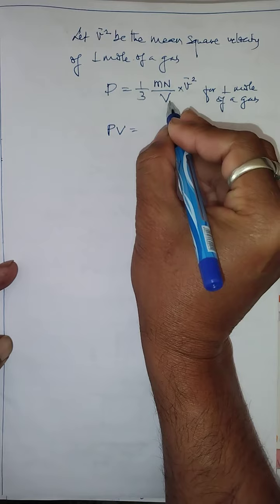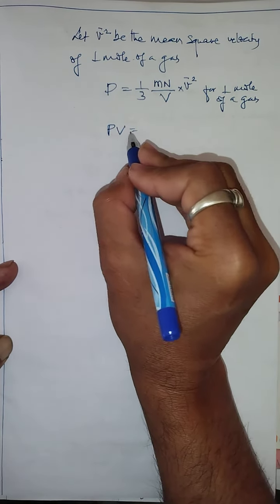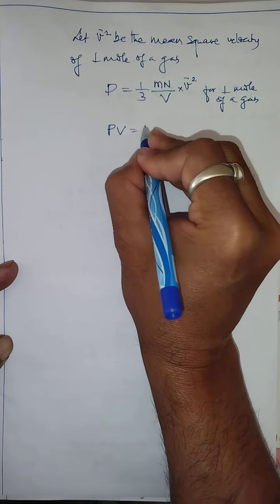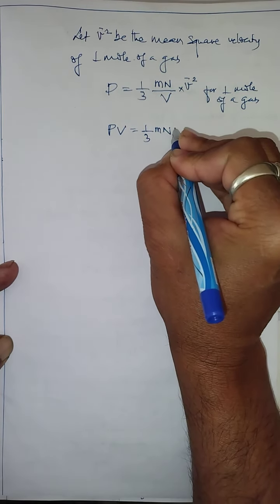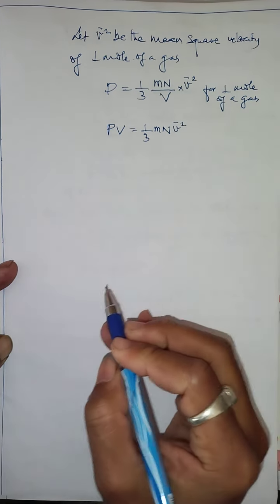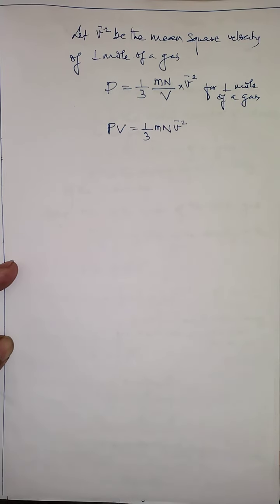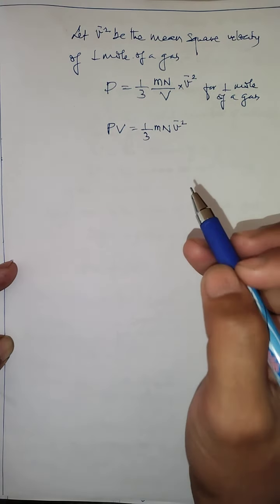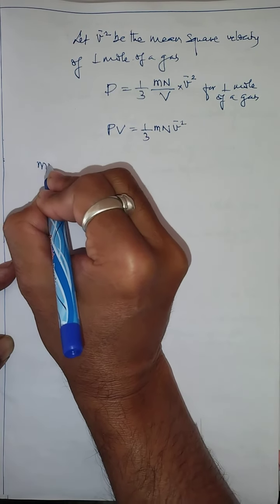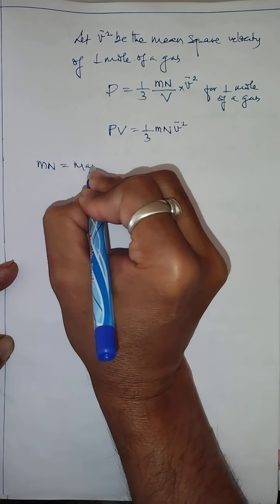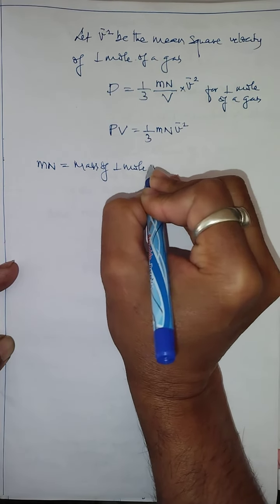So let me write P into V. This V I'll take on the left hand side, so it will be PV, and this PV equals 1 by 3 m into capital N with mean square velocity. Now 1 mole of gas has a mass also, and that mass is mN, the mass of 1 mole of a gas.